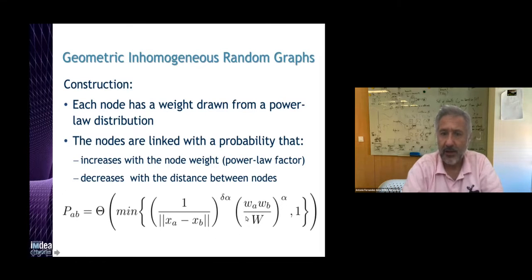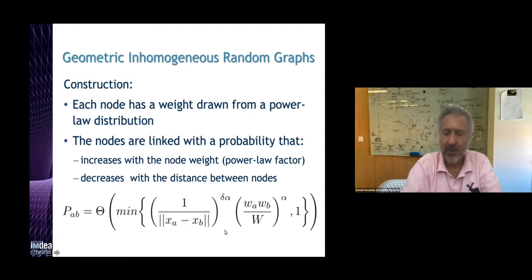So as you see, this product is combining both aspects. Both of them are raised to this alpha parameter, which is tuning the whole choice. It's important to notice here that alpha is the same in both factors.